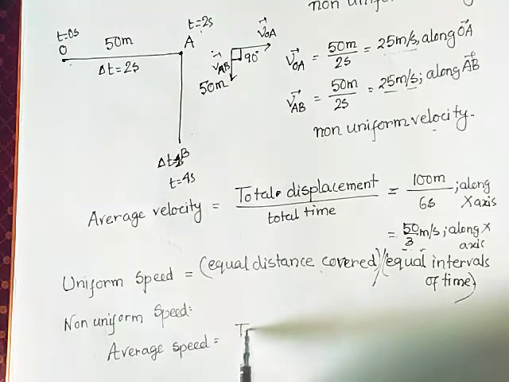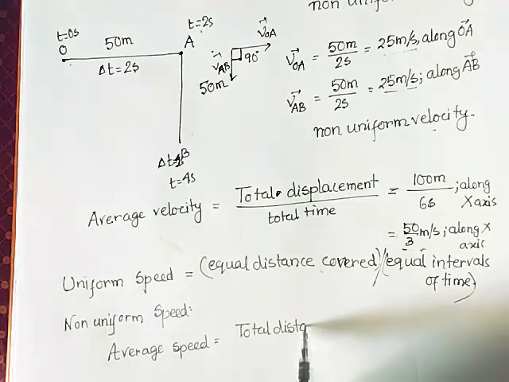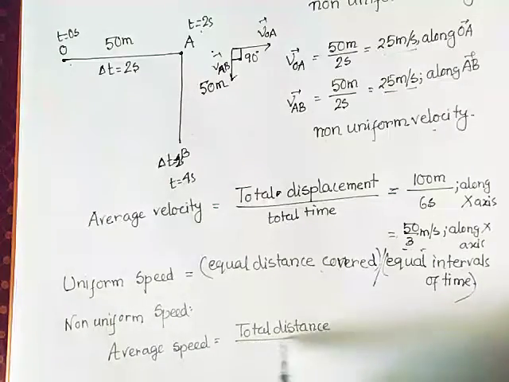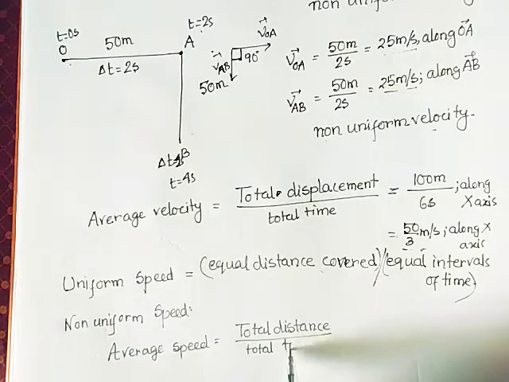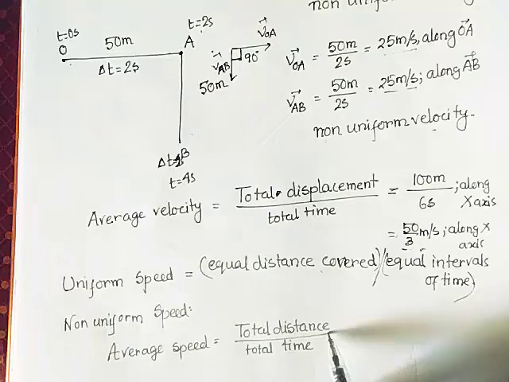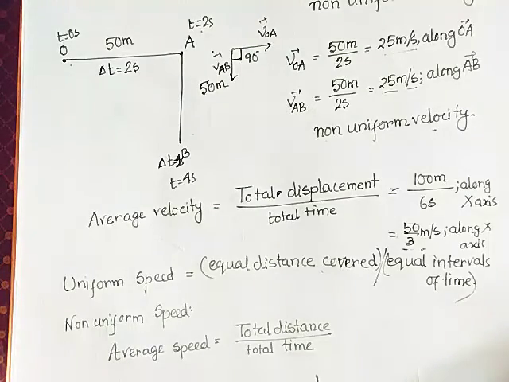The average speed is defined as the total distance divided by total time. It does not consider each and every section. Maybe it is uniform, maybe non-uniform, but it gives a particular, definite rate or value, that is the average speed.